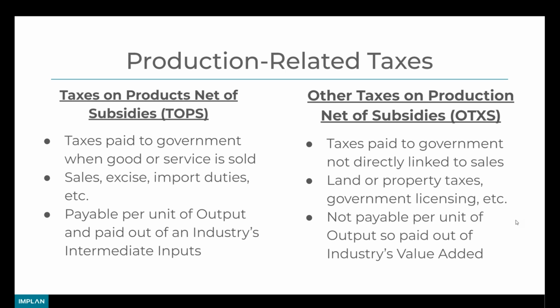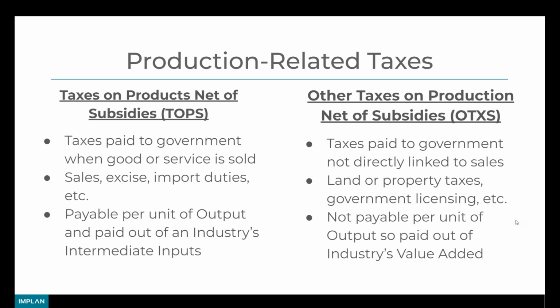TOPS reflects taxes paid to the government when a good or a service is sold. This typically includes sales taxes, excise taxes on fuel, alcohol, tobacco, and utilities, and import duties, among others. TOPS are taxes that are linked to a unit of output. So if nothing is sold, no taxes accrue.